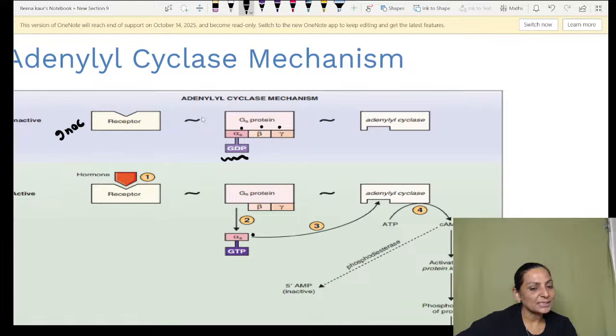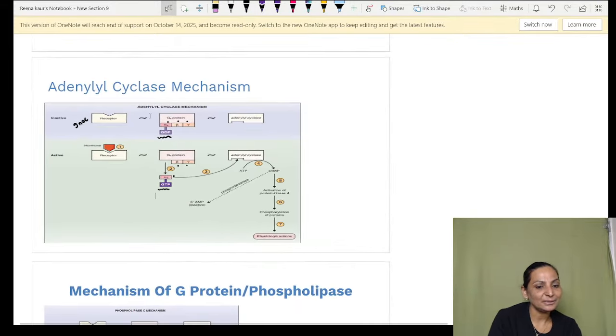Alpha will dissociate from beta and gamma, and on this alpha, GDP will be replaced by GTP, which will result in activation of adenyl cyclase and production of the second messenger, cyclic AMP, to bring about the cellular effect. Now this is the adenyl cyclase mechanism.